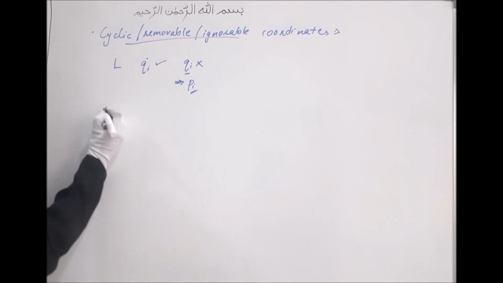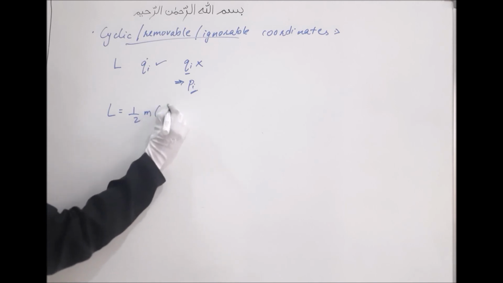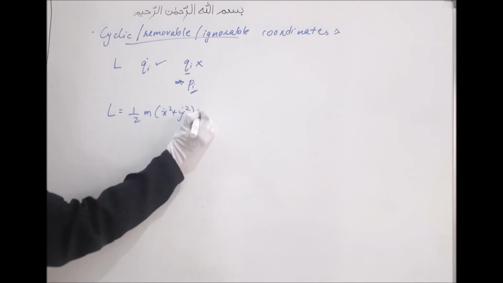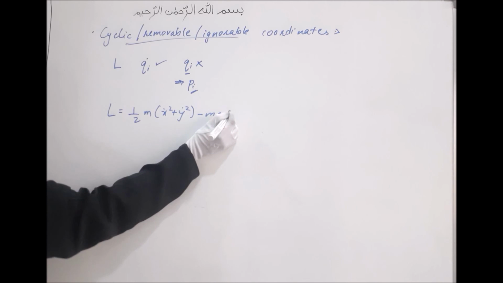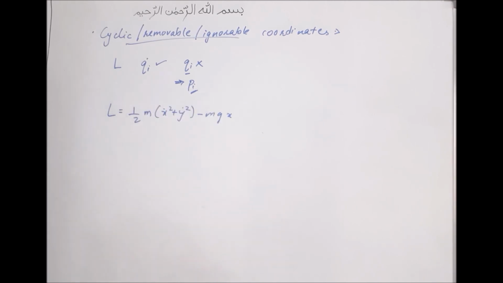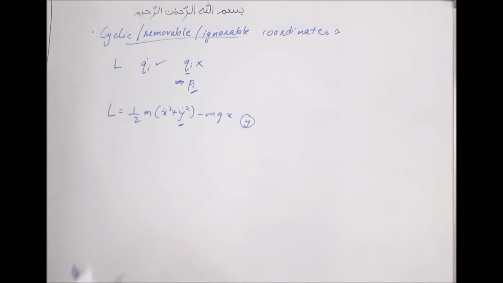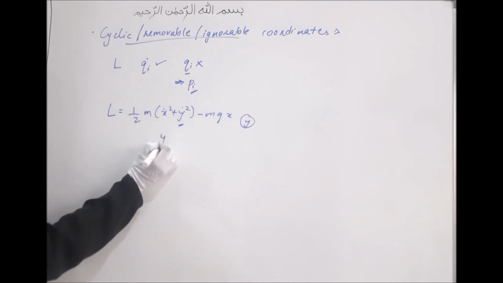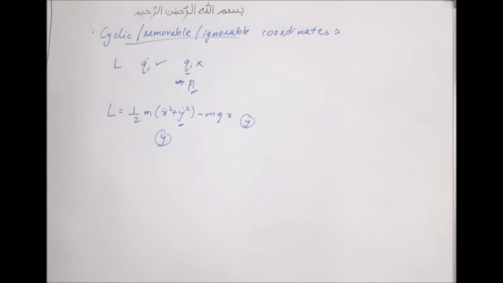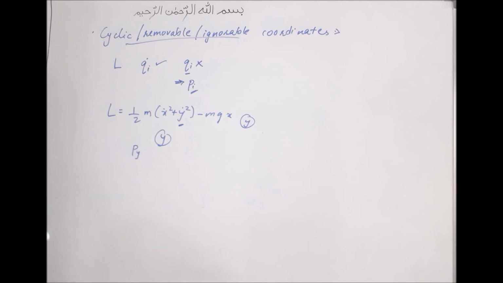For example, if you had the Lagrangian as half m x dot squared plus y dot squared minus mgx. Now you can see x dot is present and x is also present. Y dot is present but y is absent here. So this y is a cyclic coordinate, and the corresponding momentum Py is conserved.